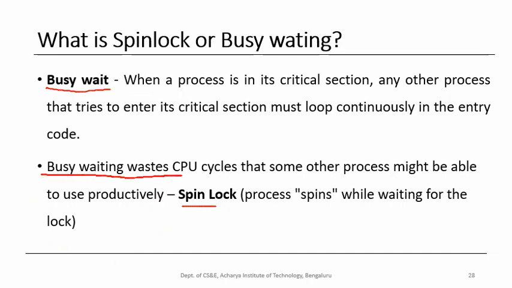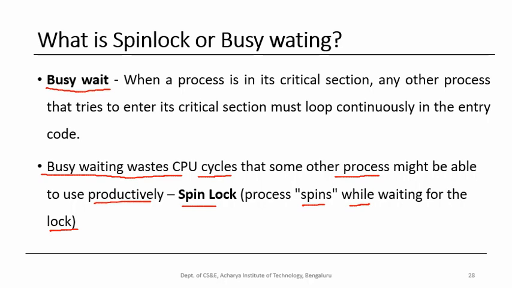Busy waiting wastes a lot of CPU cycles that some other process might be able to use productively. So what is happening? The process spins in the while loop waiting for the lock, and wastes a lot of CPU cycles which could have been used by some other process.